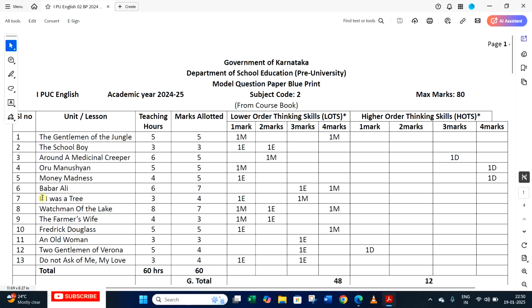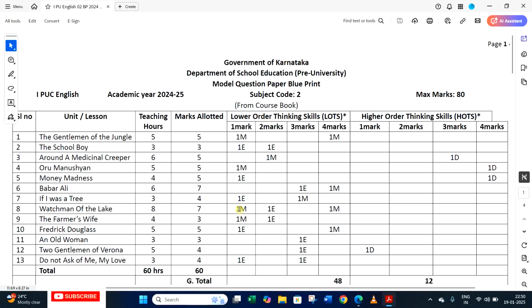The next unit that we have here is If I Was a Tree, a poem, and marks given are 4 marks. 1 mark 1 question and 3 mark 1 question you can find, my dear students, over here. The next unit, that is Watchman of the Lake, you can find here, and the marks given are 7 marks.